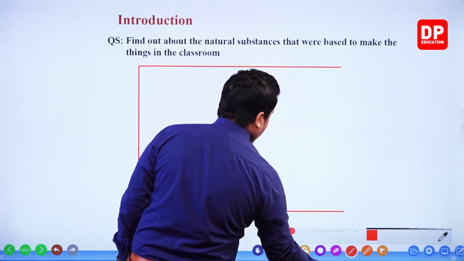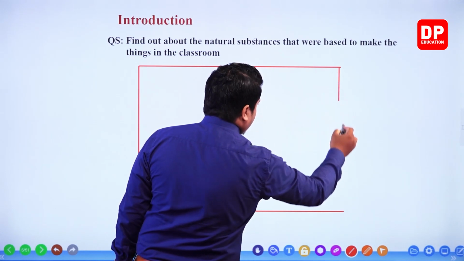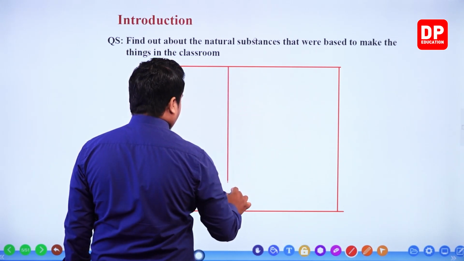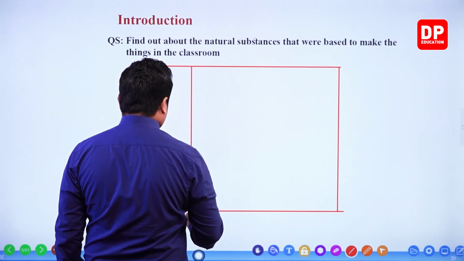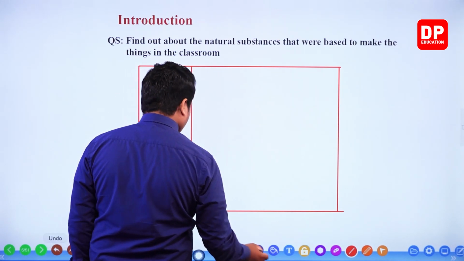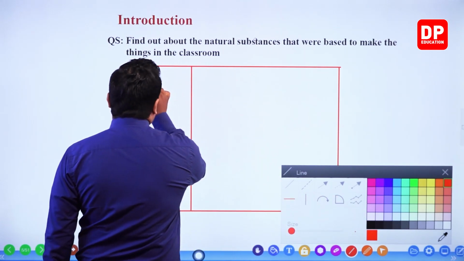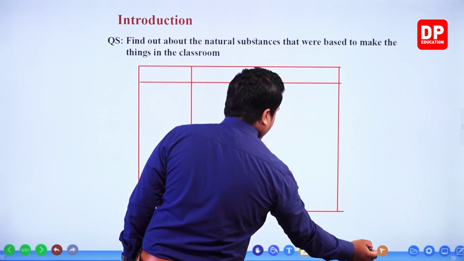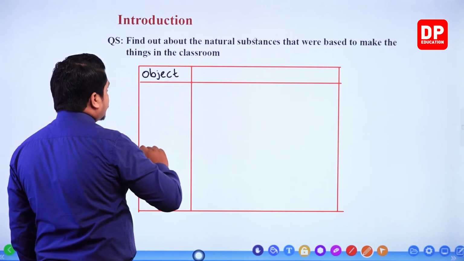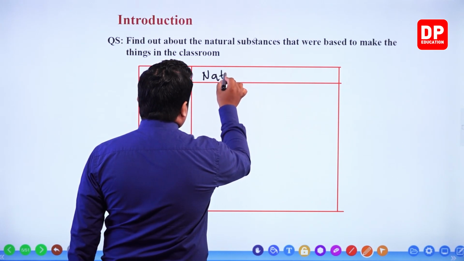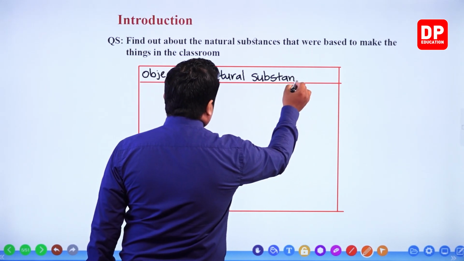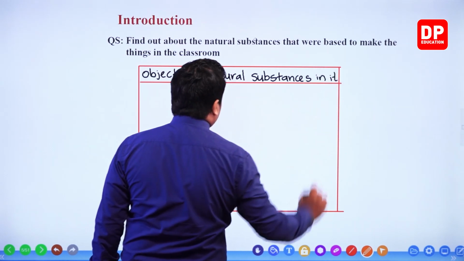First of all, we'll draw out the table. So: object, natural substances.